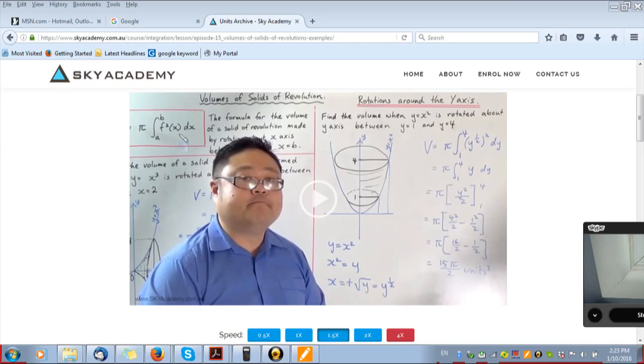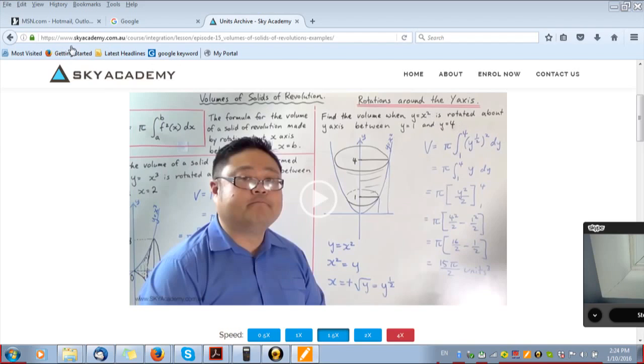But if the limits were already 1 and 2, couldn't you have just used x squared? Yes, that's right. So you put 1 into there and make it x squared, and 2 into there, make it 4. Yeah, that's right.